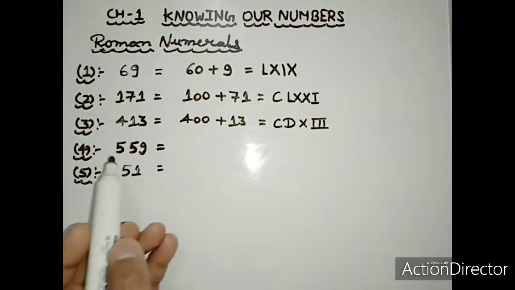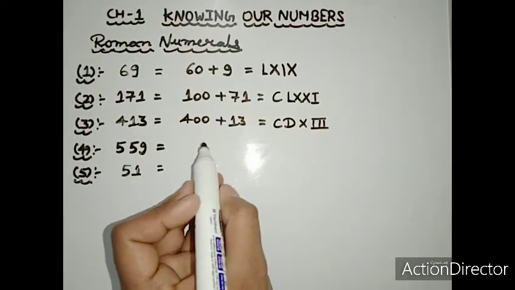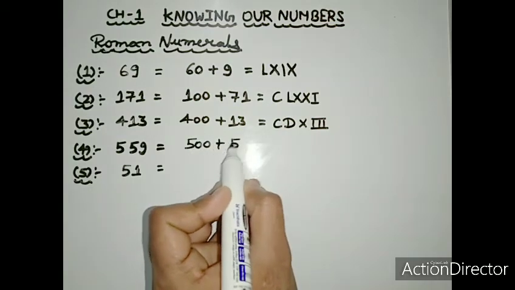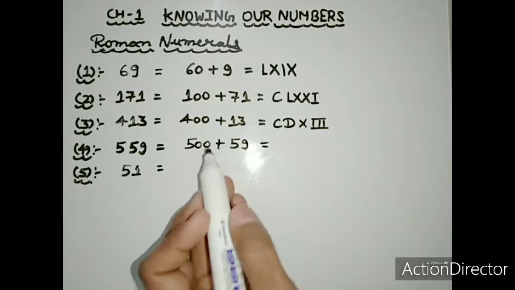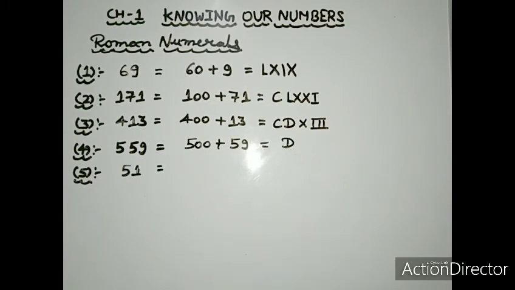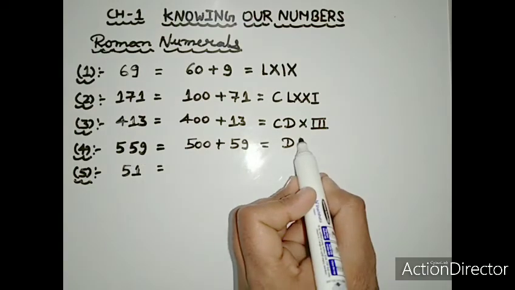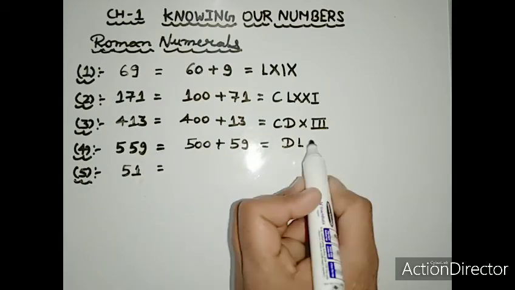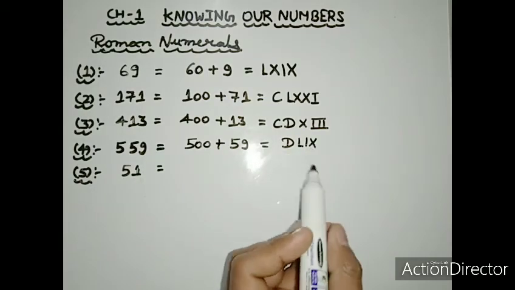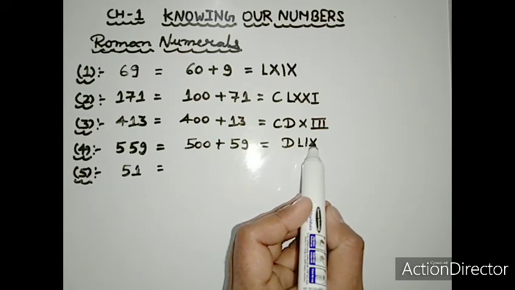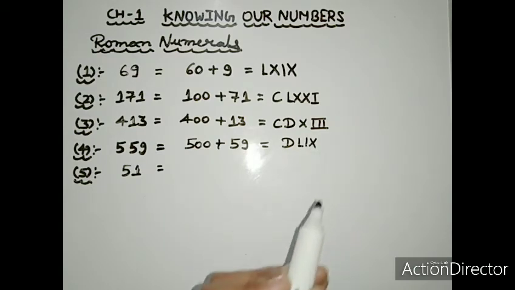Now 559. So here 500 plus 59. Now 500 is represented by D, and 59: 50 is represented by L here, and 9 is IX, because 1 is subtracted from 10, then we write IX here.